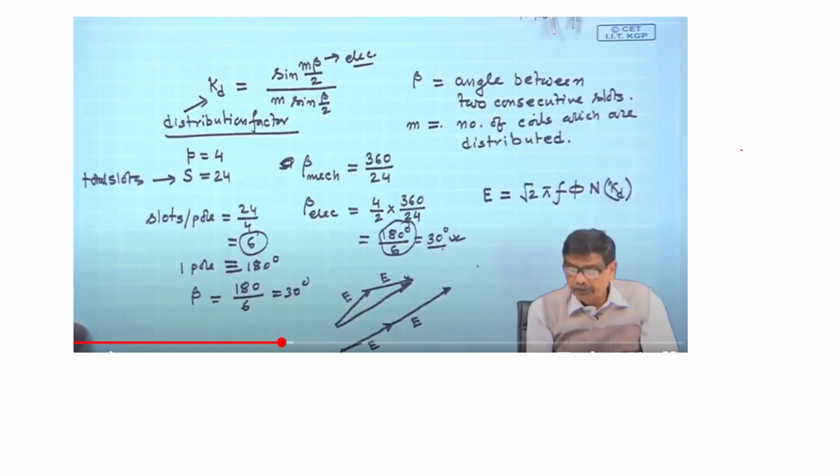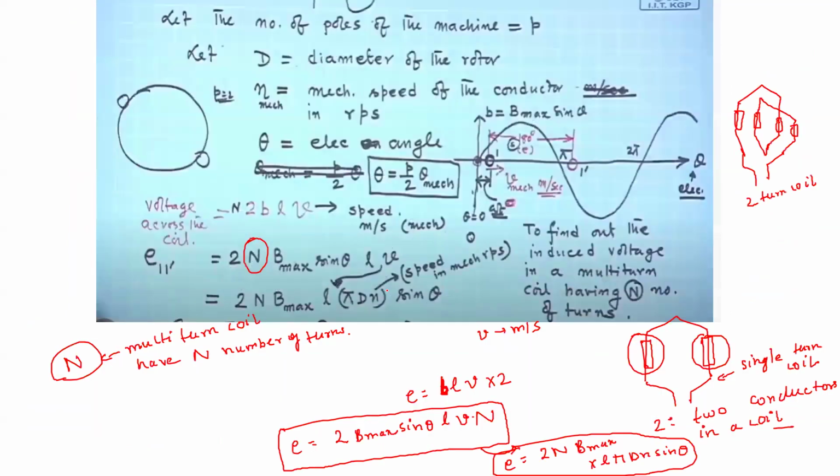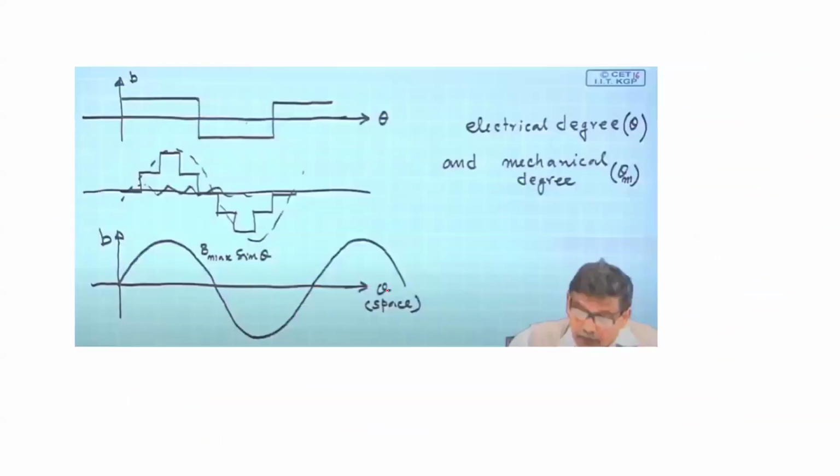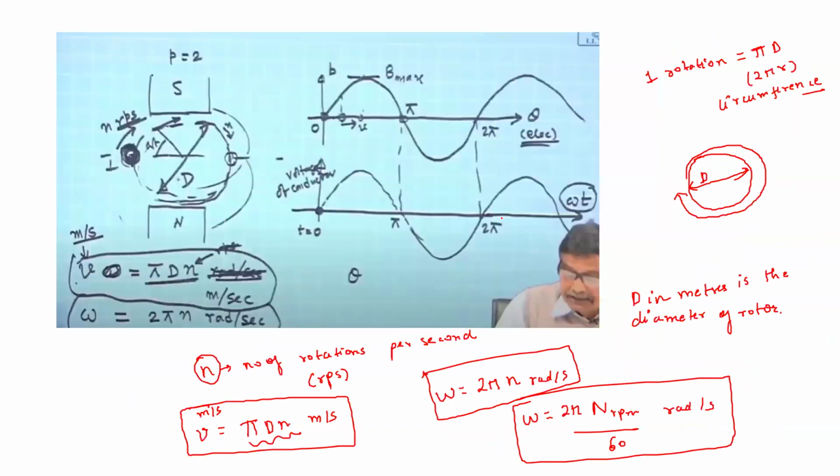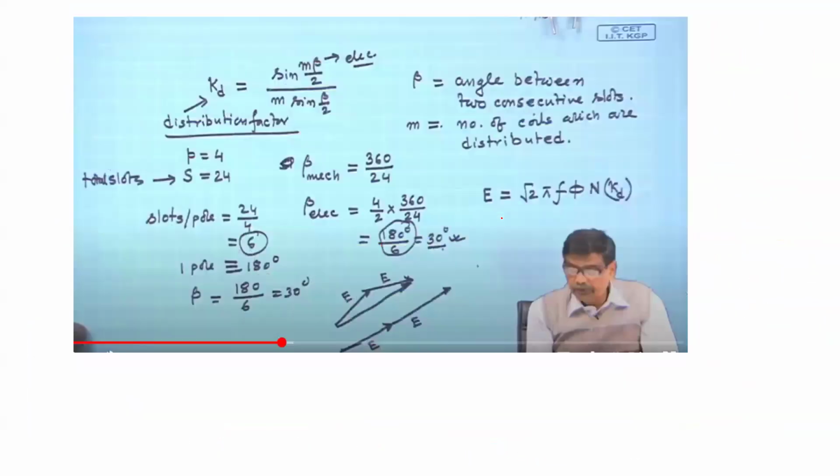And there is something called the distribution factor. Now how does this distribution factor come into the picture? If you see the EMFs across the conductors, they're not exactly an algebraic sum.